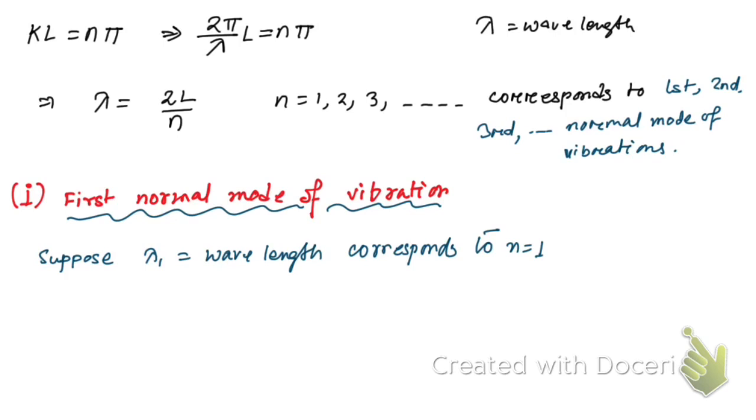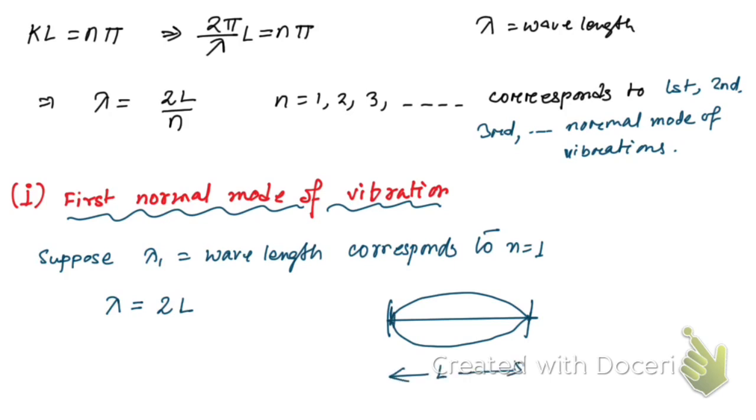So if that is the case, then we're going to get lambda is equal to 2L, because in case of first mode, this is the first normal mode of vibration, this length is L, right? If L is equal to lambda by 2, then lambda will be equal to 2L, right? Correct. And similarly L is equal to lambda by 2, right?